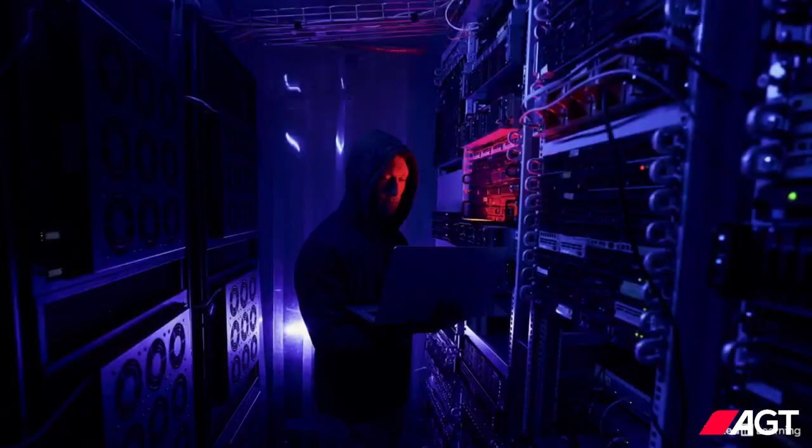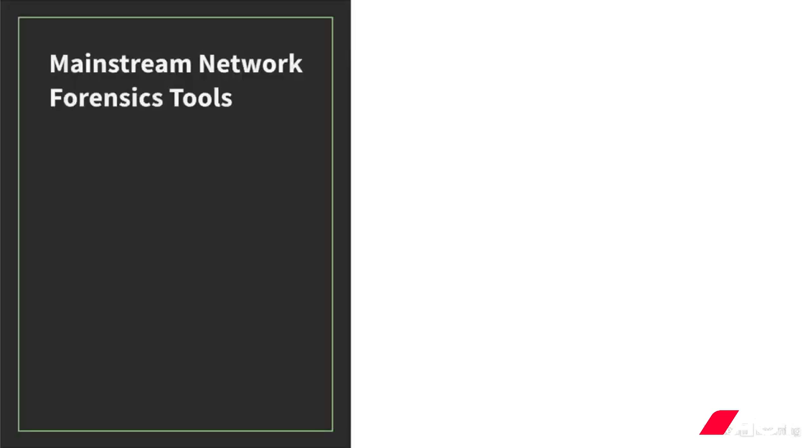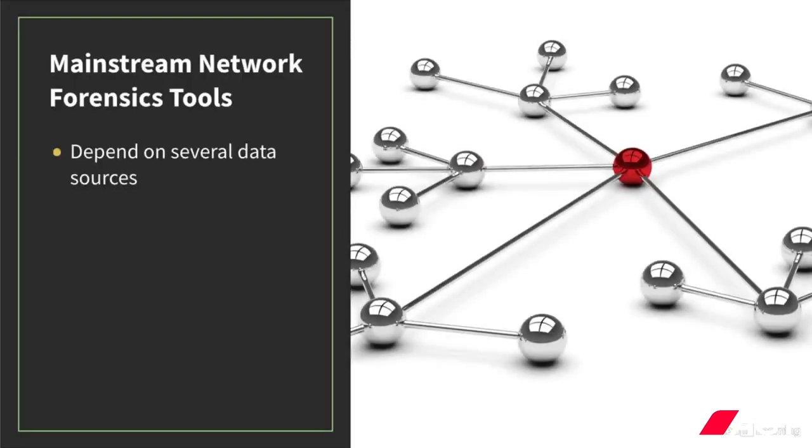As cybercriminals expand their territory on the internet, the demand for evidence data in network forensics is also rapidly growing. None of the mainstream network forensics tools can function optimally without access to several data sources. Therefore, readily available data from various origins is crucial in producing satisfactory and meaningful network forensics reports.